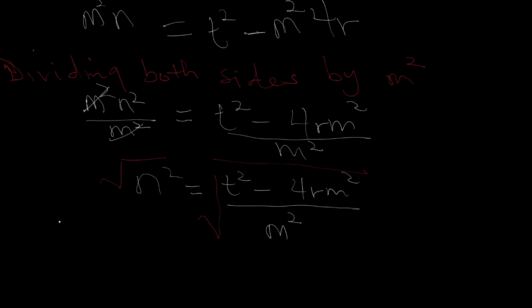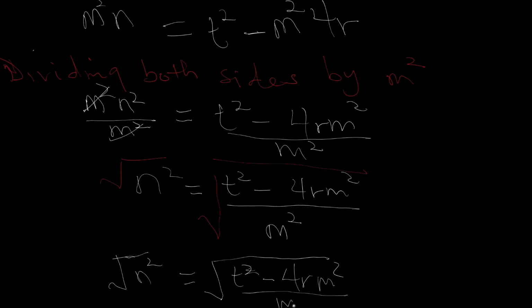So the square root of n squared should be equal to the square root of t squared minus 4r m squared all over m squared.